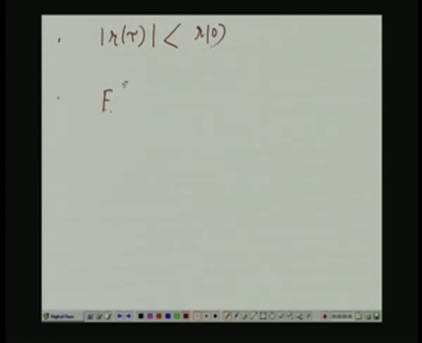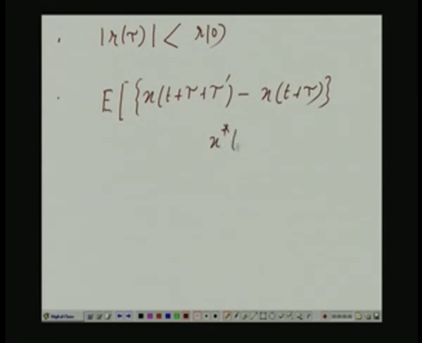expected value of, say, x t plus tau plus tau prime minus x t plus tau, this quantity, times x star t. Second, by the Cauchy-Schwarz inequality, it will be less than, always strictly less than, because I told you there is no linear relation between the samples of the process.